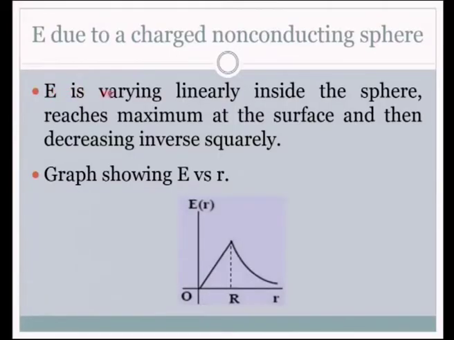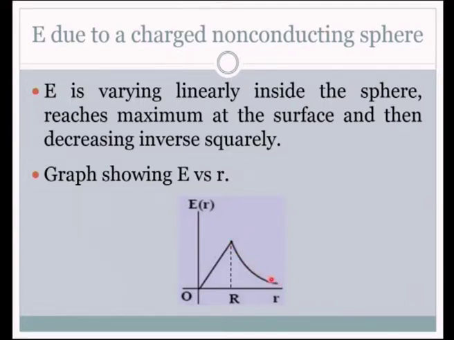Shall we have a graph in front of us? E is varying linearly inside the sphere, reaches the maximum at the surface and then decreases inverse squarely. So, this is the linear variation inside the sphere, reaching the maximum on the surface, which is taken as R, and then it varies inverse squarely like this.